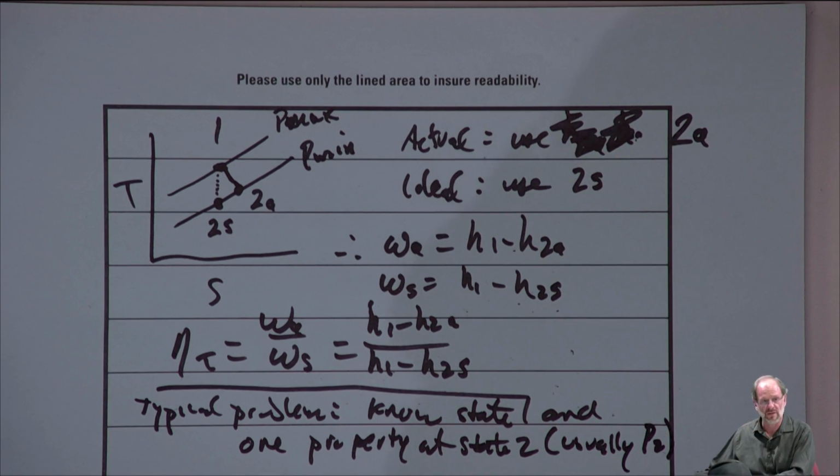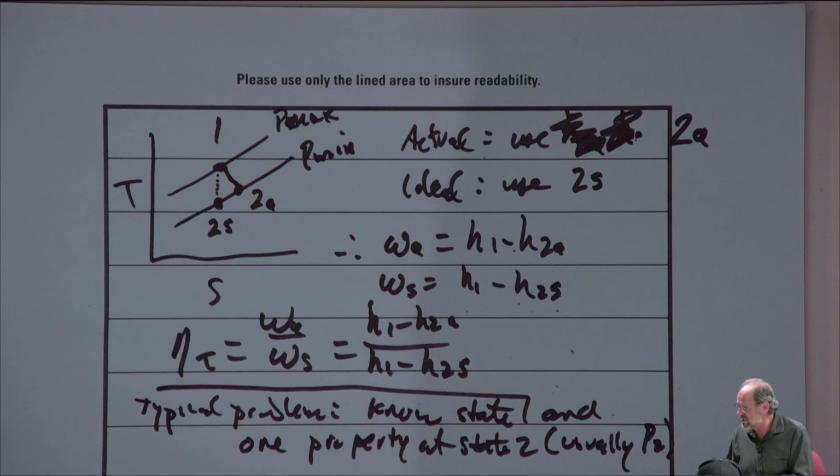So state 1 is going to be known. We know what the state is of the steam coming out of our boiler that's about to go into the turbine. We know the pressure that the condenser operates at. It's really going to be a function of your heat sink. That pressure is going to be known to us. P2 is a known quantity.